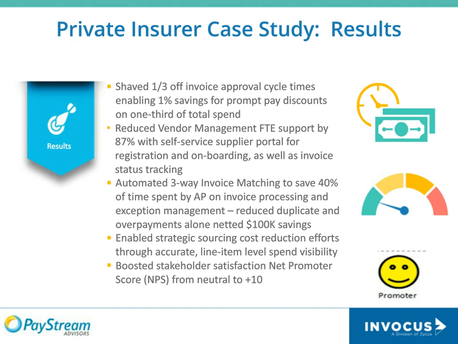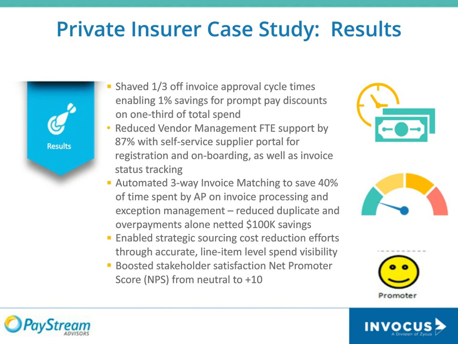So by taking 1/3 of the cycle time off the overall invoice approval process, that meant that this insurance company could actually garner significant cash discounts where they hadn't been able to avail themselves previously. So in their case, 1% savings through early pay discounts on fully 1/3 of their total spend volume. The efficiencies dramatically reduced their overall labor cost as well.